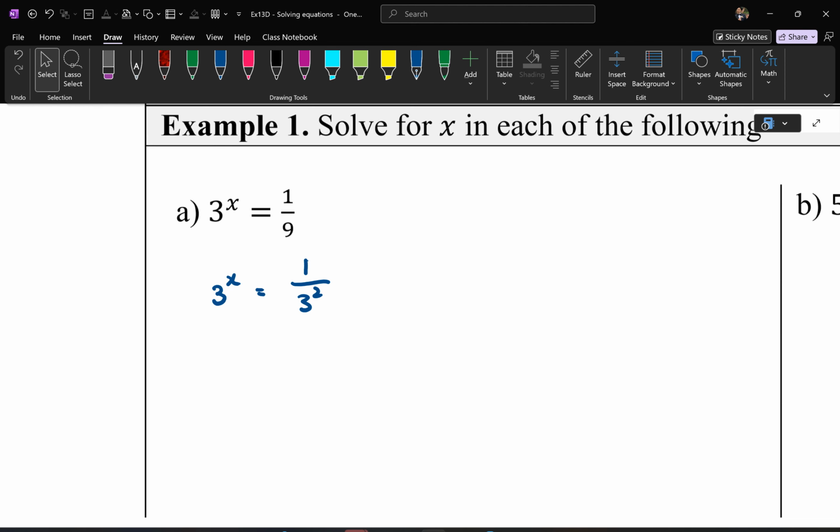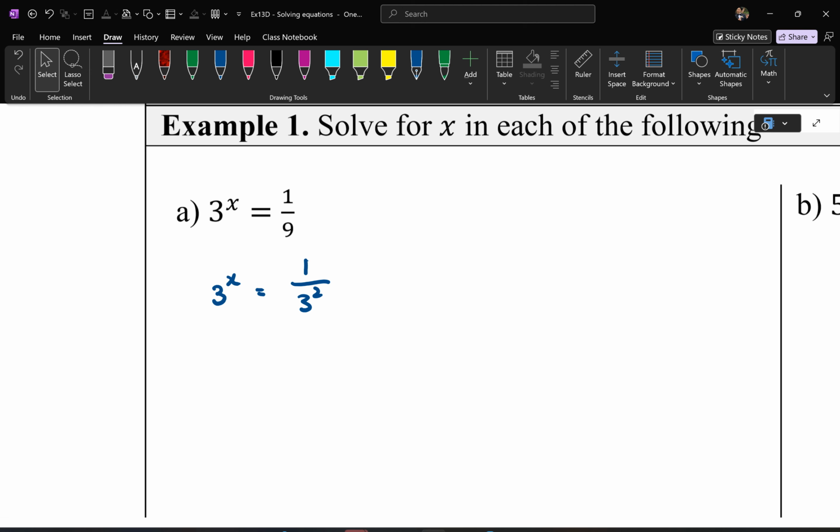Which rule can I use to change this to not be a fraction anymore? Which rule was it again? You might not know the number, but you can tell me what rule it is. It's number 7. But what were you thinking? What's the rule? Very good. So that's rule number 7. It's the one with a to the power of negative m is the same thing as 1 over a to the power of m.